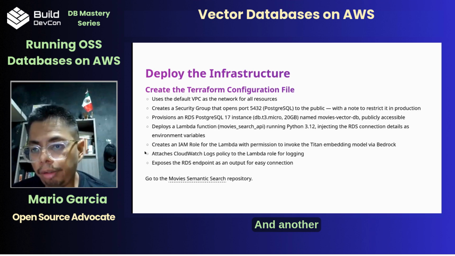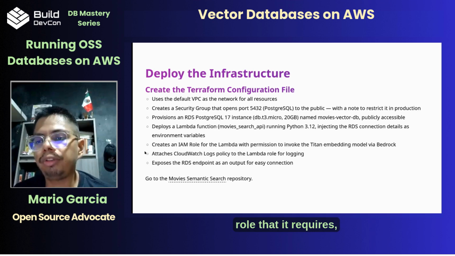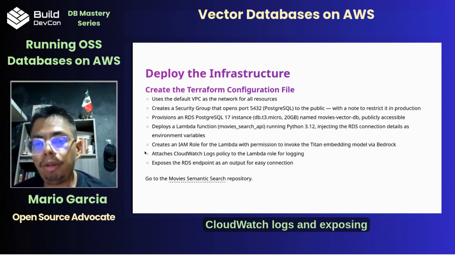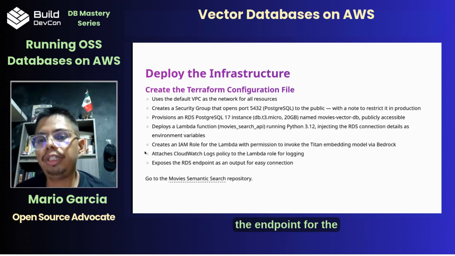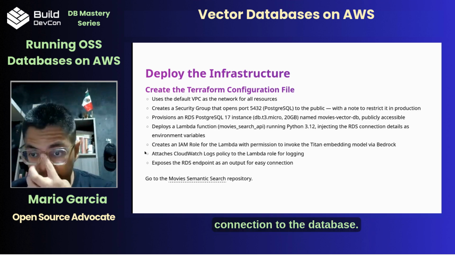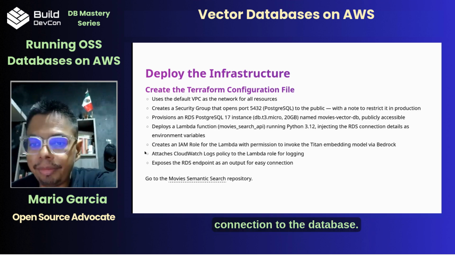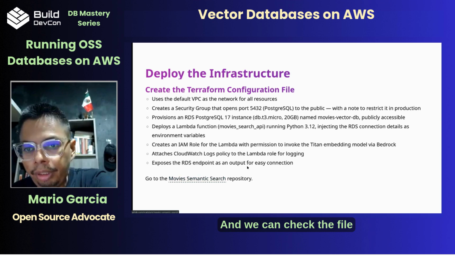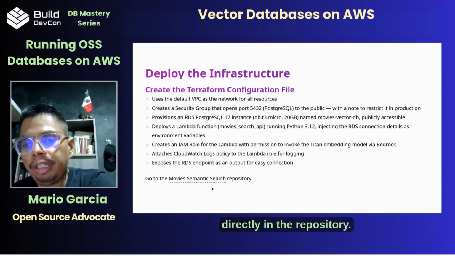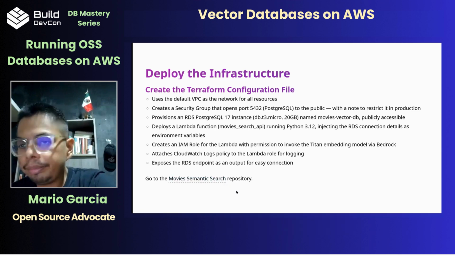And another role that it requires, as well as creating the CloudWatch logs and exposing the endpoint for the connection to the database. And we can check the file directly in the repository.